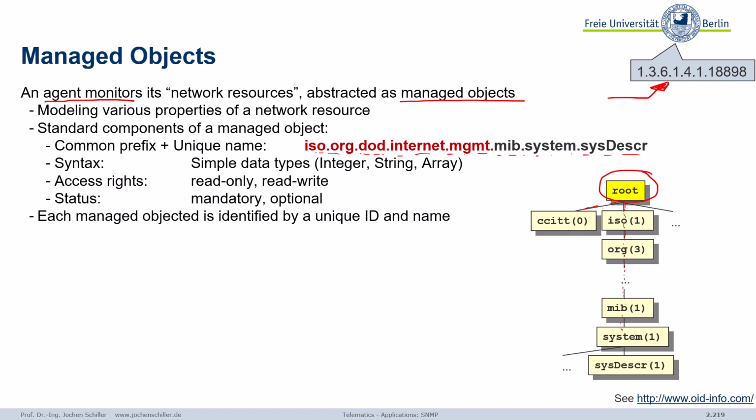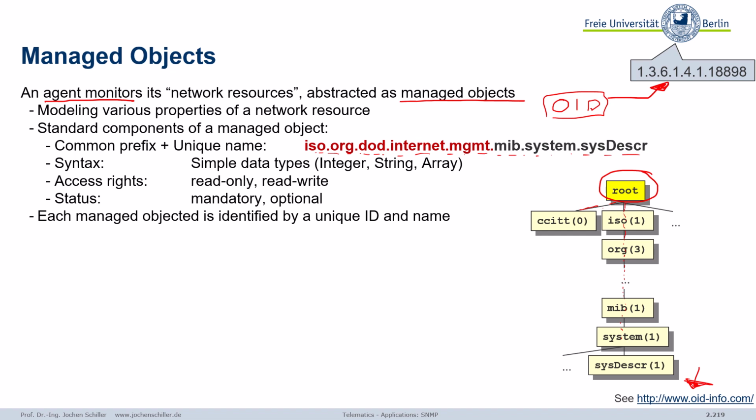So all the managed objects can be identified by a unique ID or name. And up here you see an ID. You see the ID of our university, and because this is an object, it's called an object identifier. And there are many databases where you can look up what it means if you type in this 1.3.6.1.4.1.18898 and what this means.